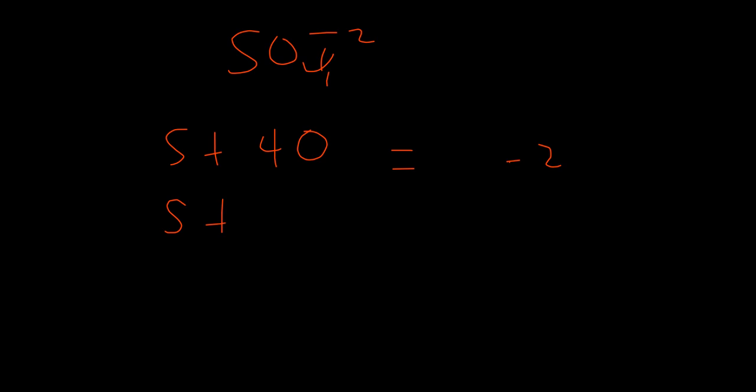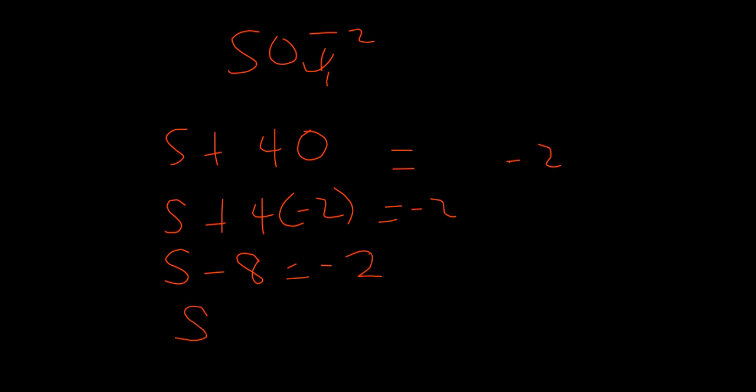Oxidation number of oxygen is -2. So that will be S - 8 = -2. So the oxidation number of the sulfur will be +8 - 2, which will give us +6. So that will be VI. So that's the oxidation state of the sulfur.